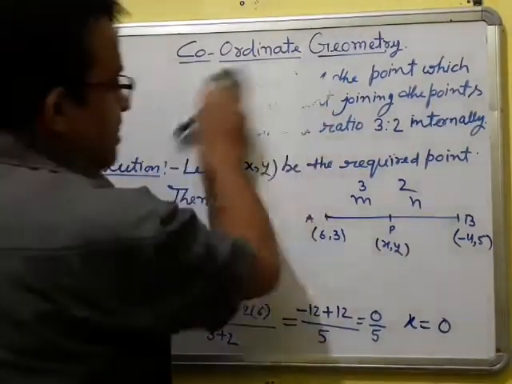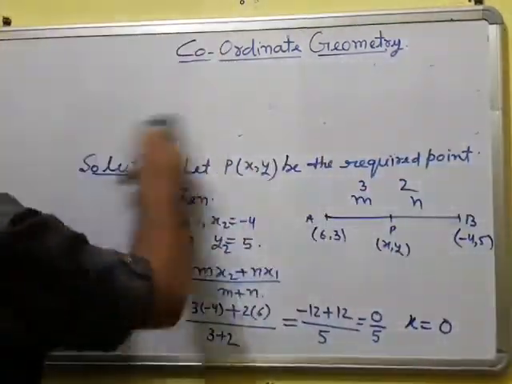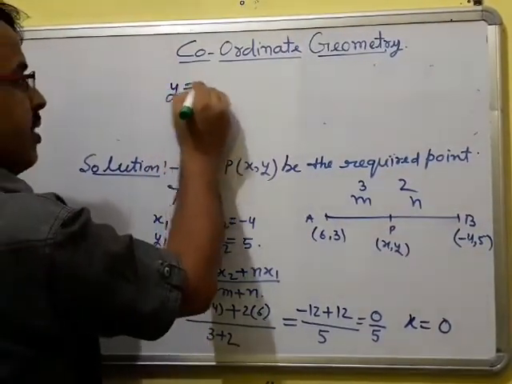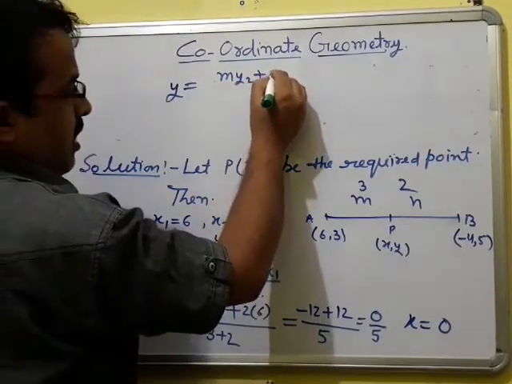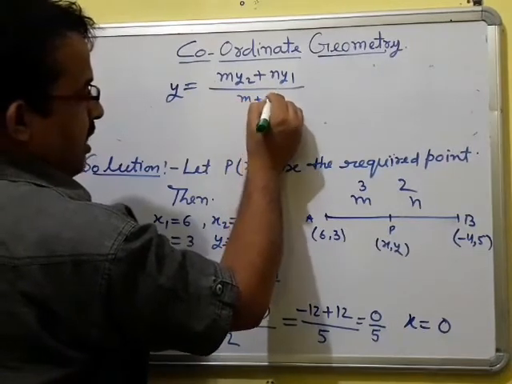Y coordinates. What are the coordinates of y? Use the formula: y is equal to (m y2 plus n y1) over (m plus n).